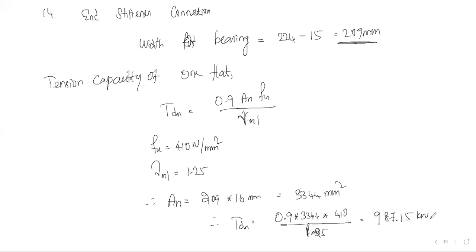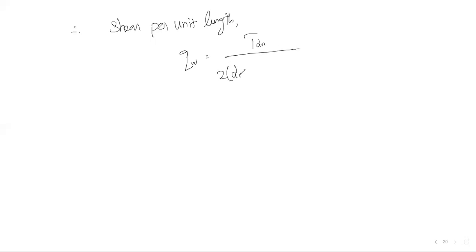So it becomes 987.15 kilonewton. Therefore, shear per unit length, this Qw is equal to Tdn divided by 2 into (dw minus 2 into stiffener plate cope).